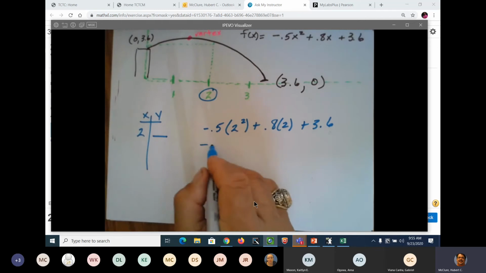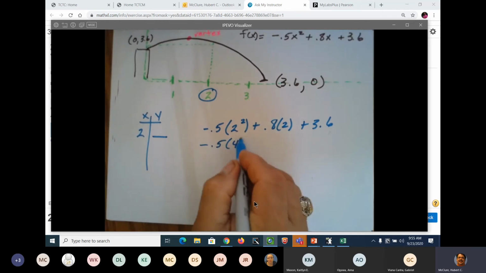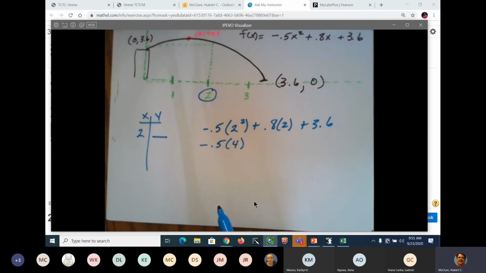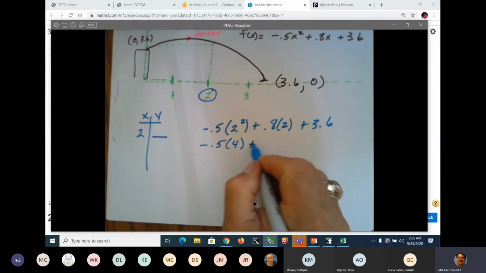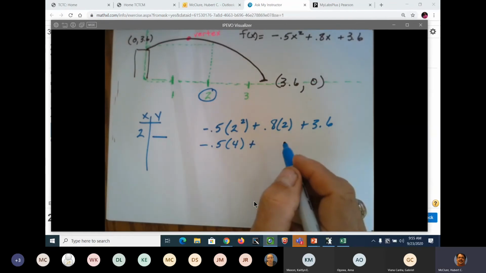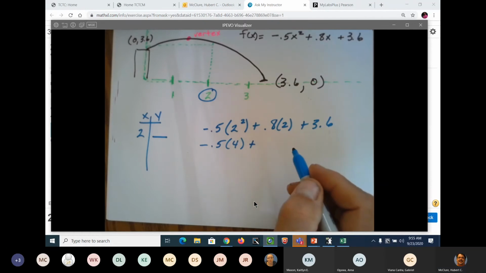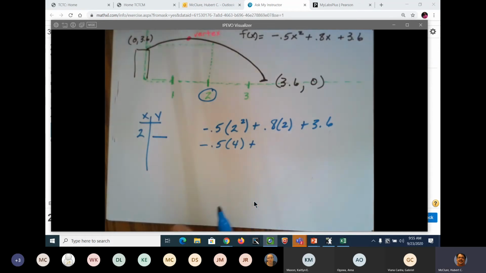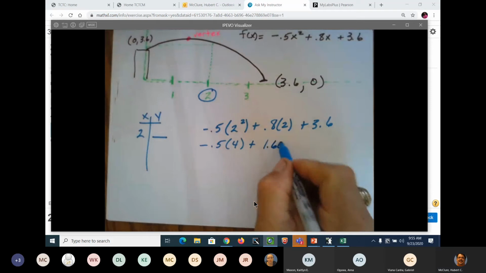Well, that's going to be negative 0.5 times 4. You do not need a calculator. Plus, what's 80 cents multiplied by 2? You got 80 cents in one hand, $1.60. Thank you.